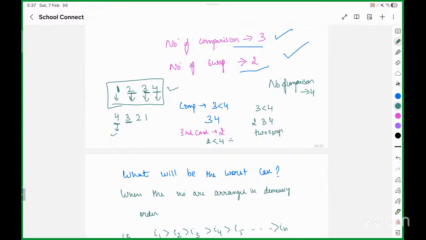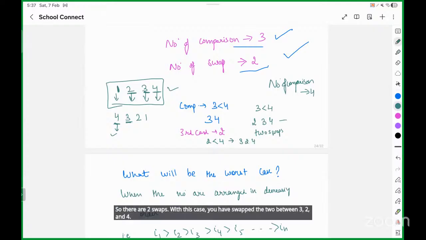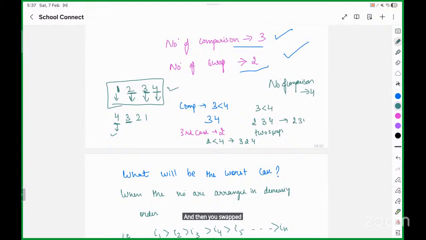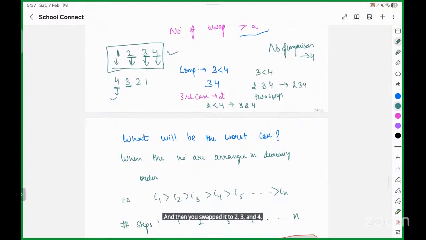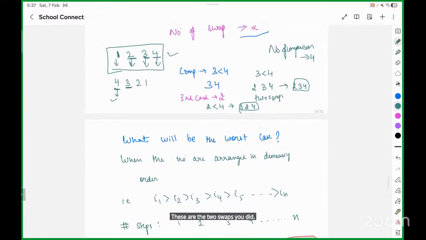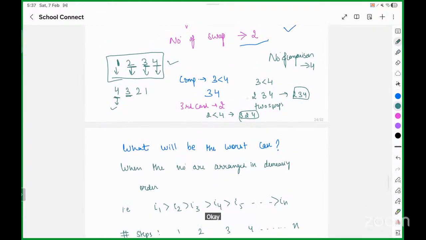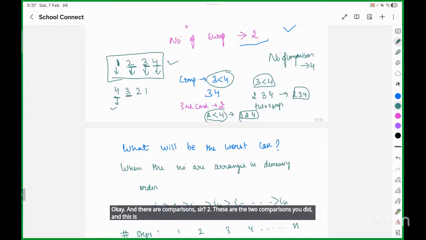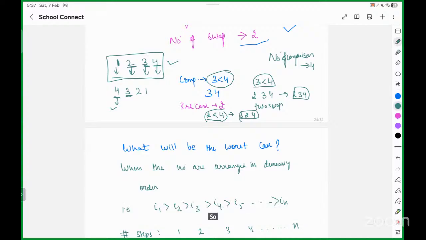You swapped 2 within 3, 2, 4, and then you swapped it to 2, 3, 4. These are the two swaps you did. And the comparisons are 2. These are the 2 comparisons you did, and this is the 1 comparison you did earlier. So now the fourth card comes.